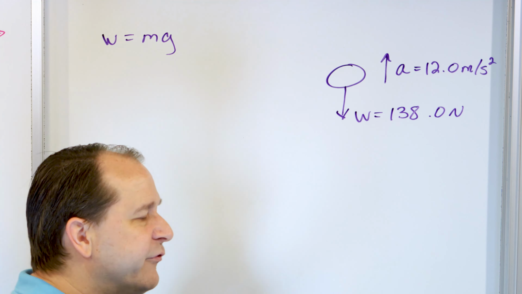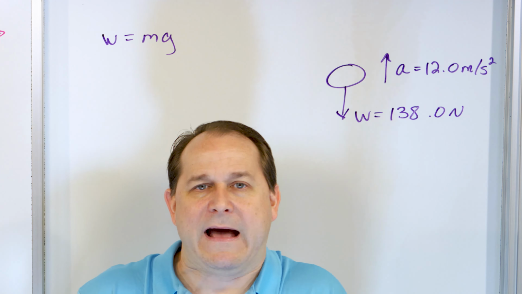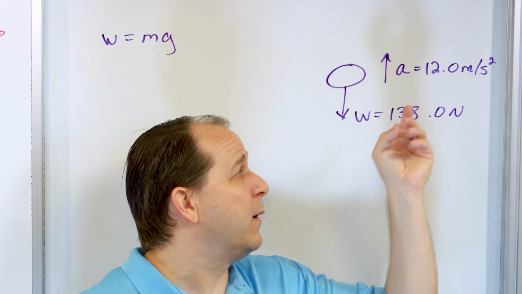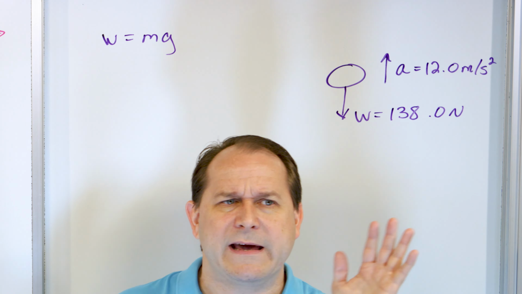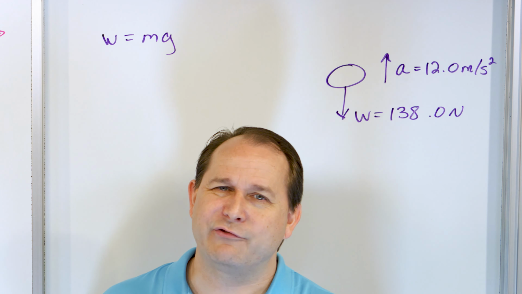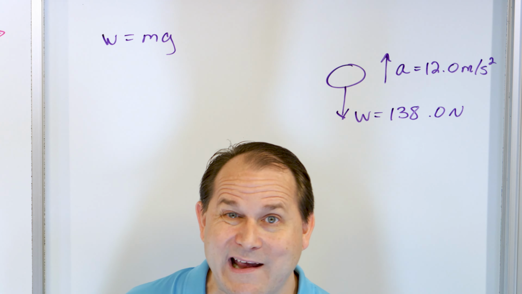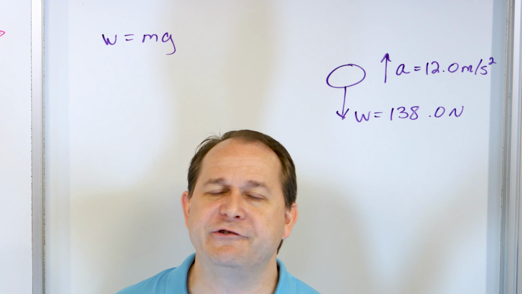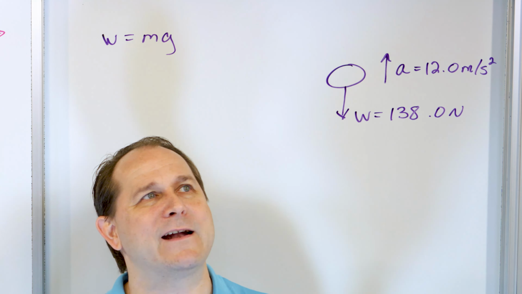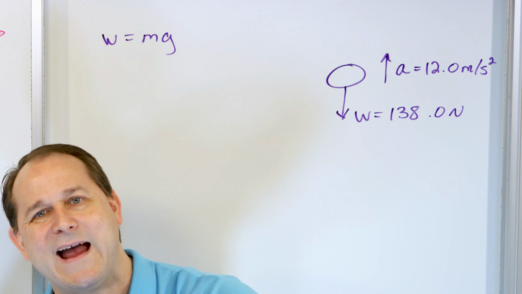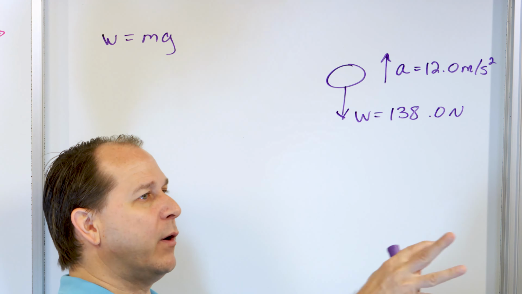And that's what a lot of students do in the beginning. They're like, well, let me find the mass of the stone. Okay, I know it's going up at 12 meters per second squared, so let me calculate something here. But it's a trick question. How much does the rock weigh when it's moving upward at this acceleration? I just got through telling you, it doesn't matter if I throw the rock down, if it's sitting on a table, if I throw it horizontally.